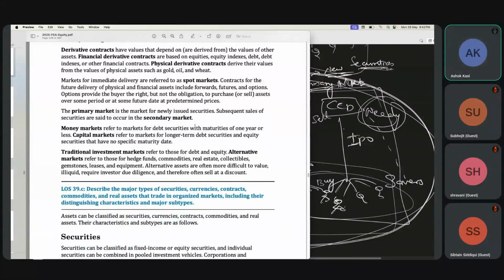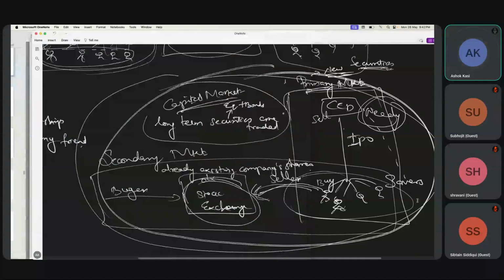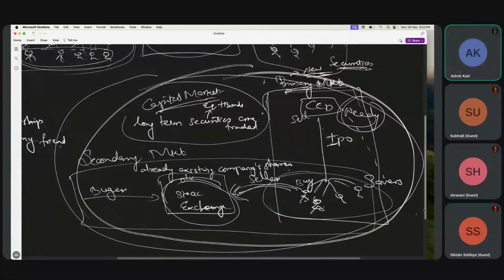Primary market, secondary market we have discussed. Money market means what now? Money market will also be covered in fixed income, but I'll give you a rough idea.